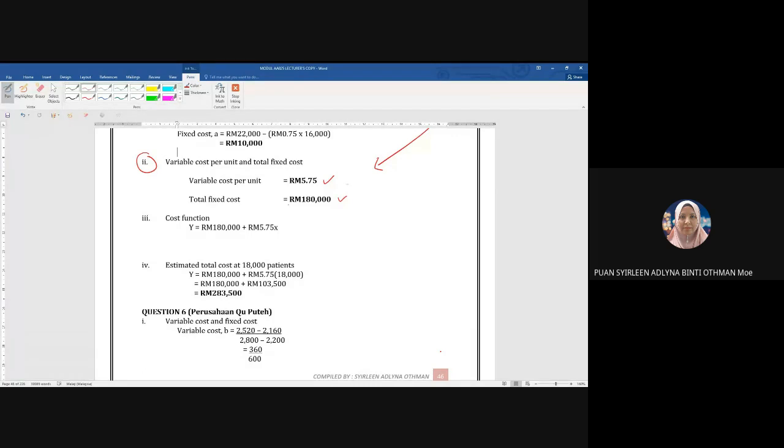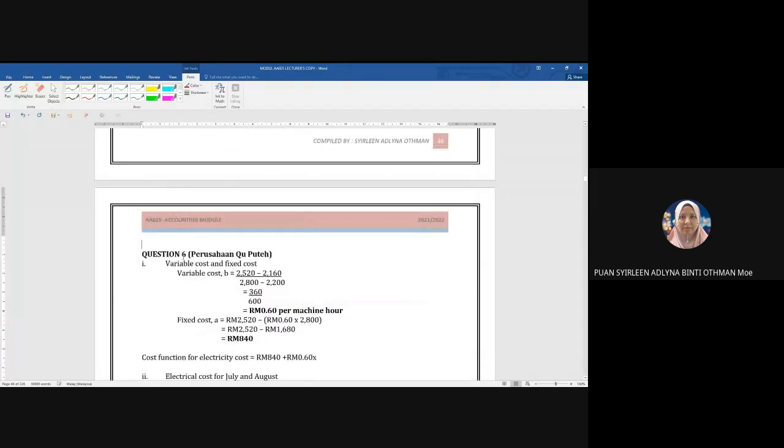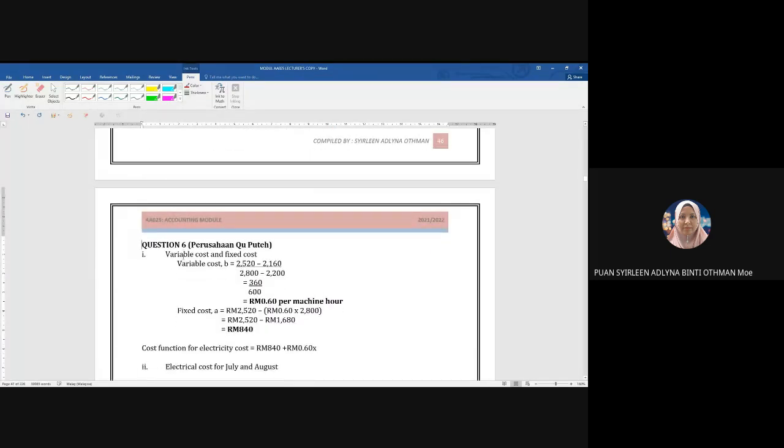Okay, jadi ni electrical cost ni ialah cost electrical. So dia ialah mixed cost. So I kena asing dulu, segregate. Okay, so now I diasingkan. Saya kira saya akan dapat my variable cost is 60 cents per machine hours.